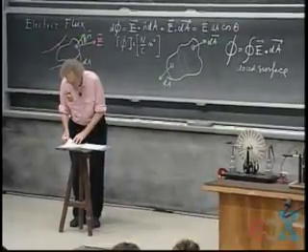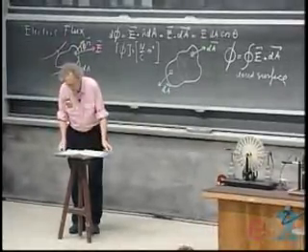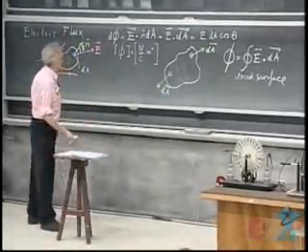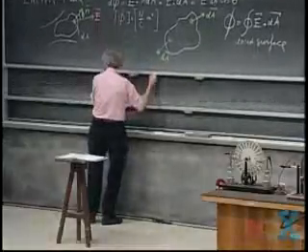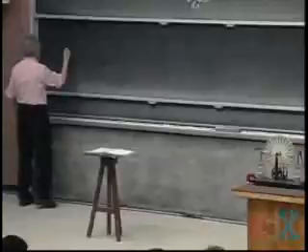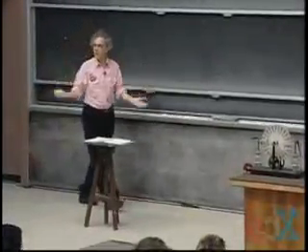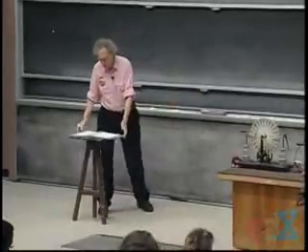So let's now calculate the flux for a very simple case where I have a point charge. I'm going to put a bag around this point charge, and the bag is a sphere.